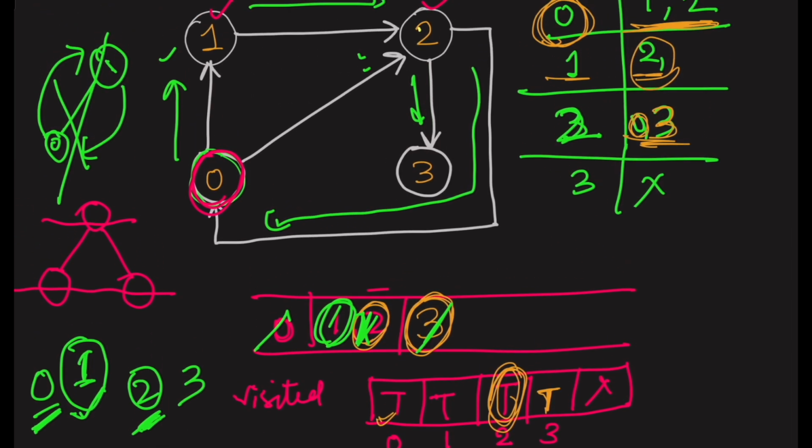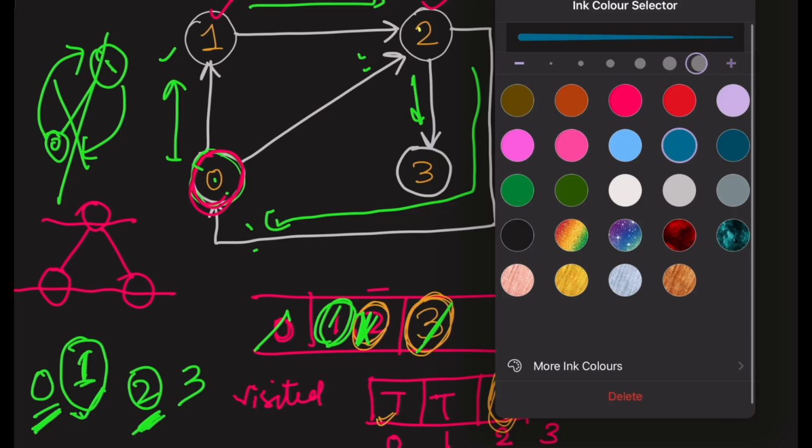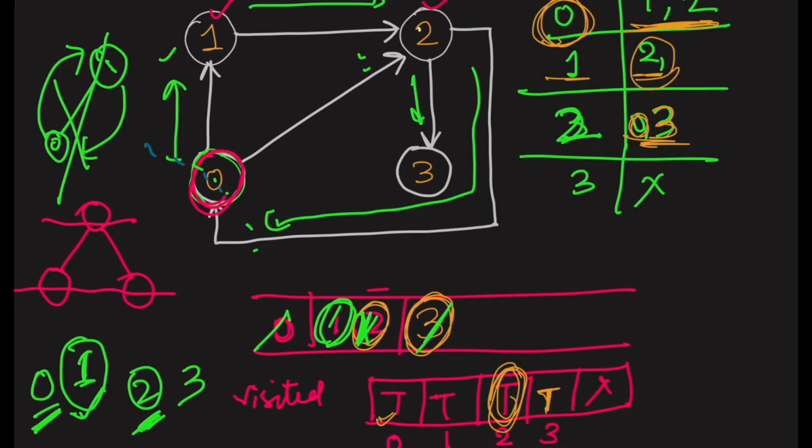Now if you come here, you see first we visited this 0. Let me take some other color, blue. So we came over here, then from 0 we went to 1 and 2, and then from 2 to 3. Usually breadth first search happens like this.